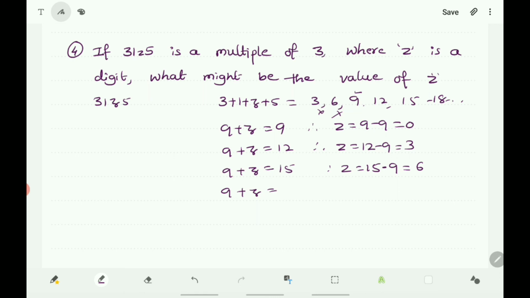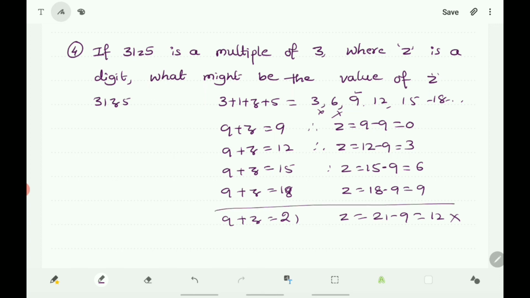So take 18, then z equals 18 minus 9, that is 9. Next, if you want 9 plus z equals the next one, 21, try z equals 21 minus 9, which is 12. 12 is not a digit, it is a number, so you can't consider this.